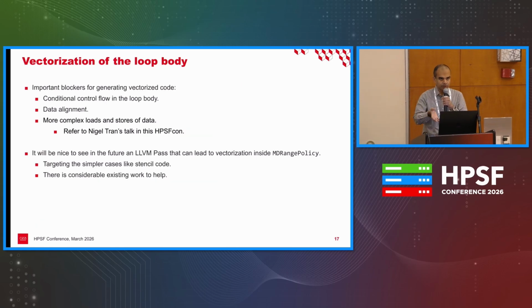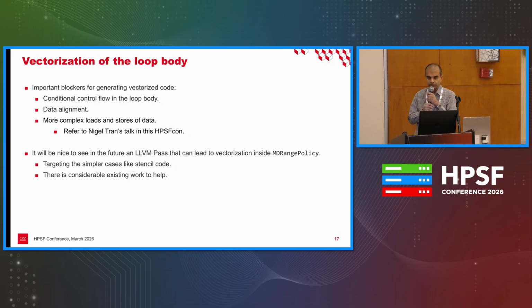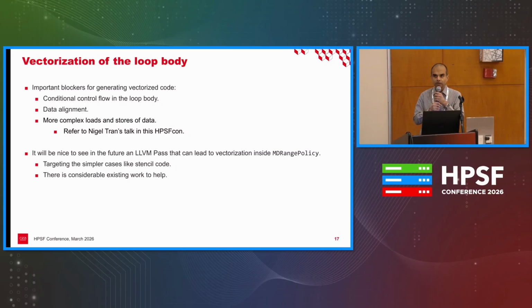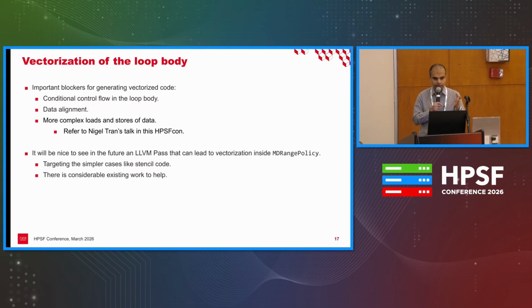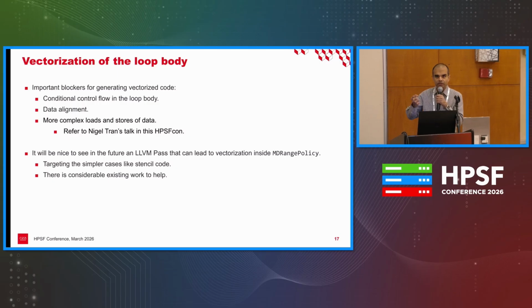There are a few further complications. For example, if there is conditional control flow inside the user-defined functor, that is a challenge to parallelize using SIMD operations. Also, when there are complex loads and stores, there was an excellent talk by Nigel Tran yesterday about this topic.